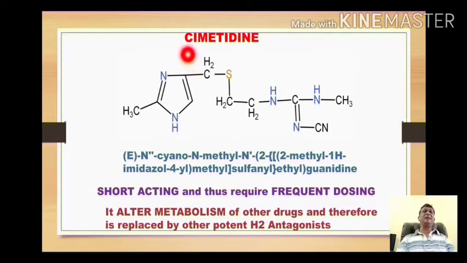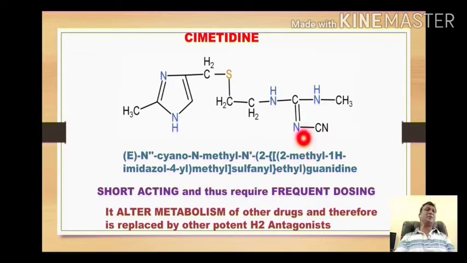Here this C stands for the cyano, the im stands for imino, that is C double bond N. This Me stands for presence of the methyl group, and this et here stands for presence of this ethyl group, while this idine is used for this functional moiety which is called guanidine. So due to presence of such structural features, this compound has been given the name Cimetidine.